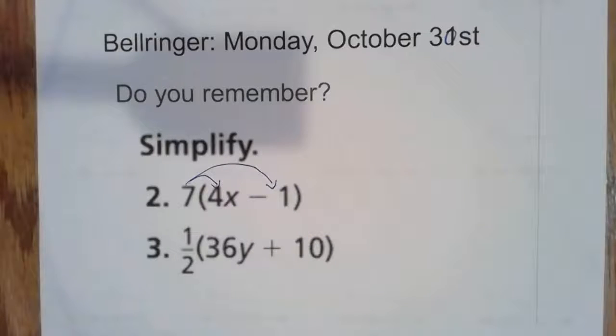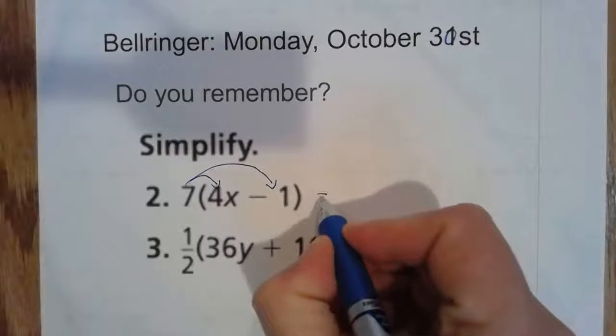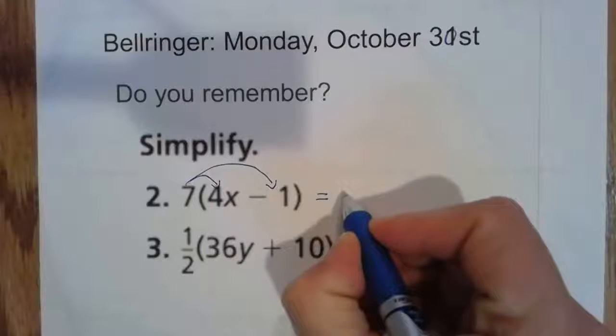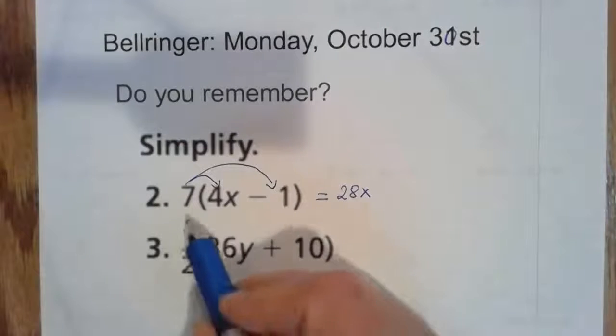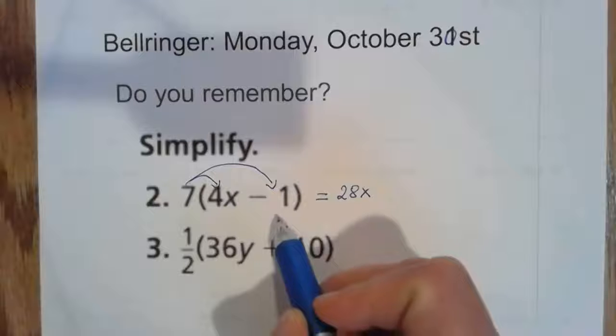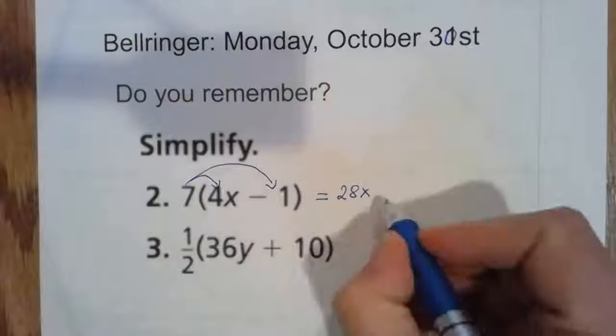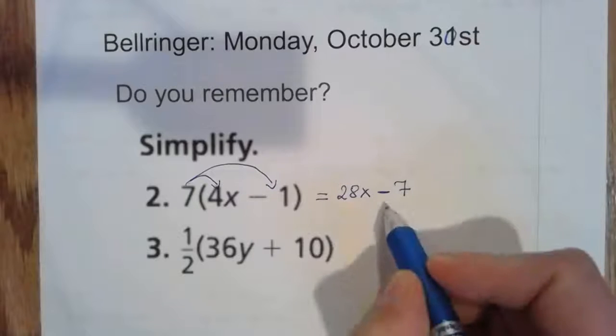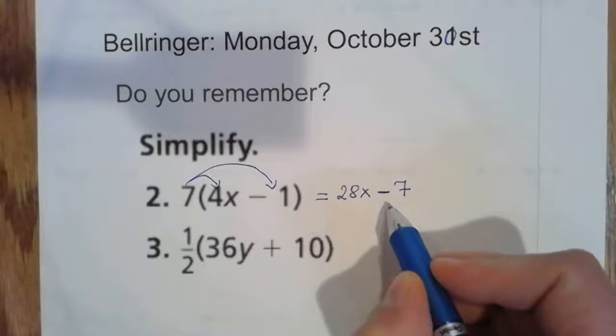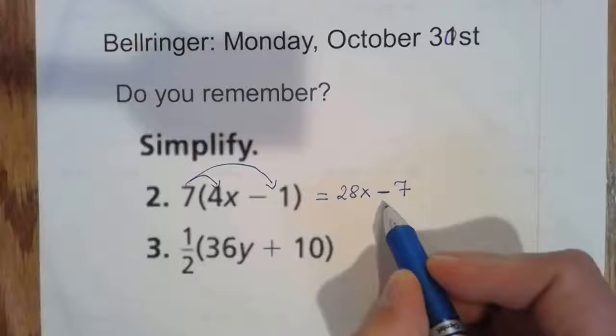So 7 in parentheses 4x minus 1 is the same as 7 times 4 is 28x, and 7 times -1, now be careful here, is -7. That's how I know what sign I have here.